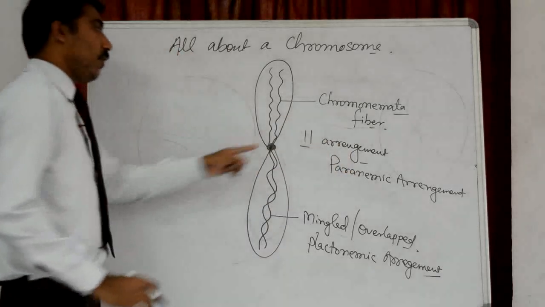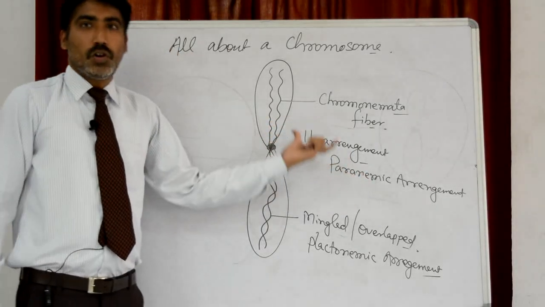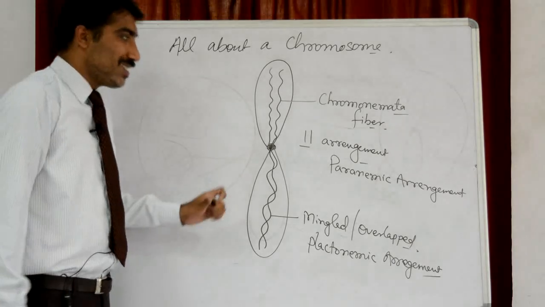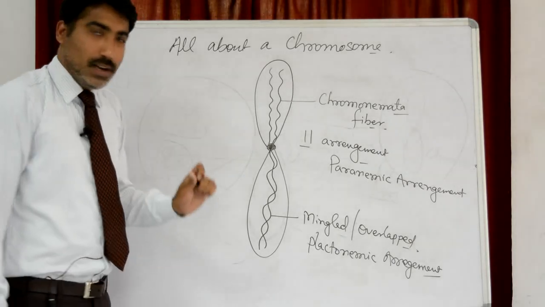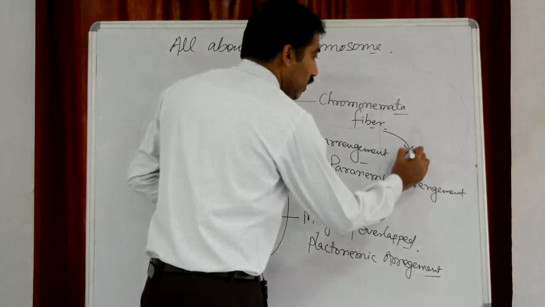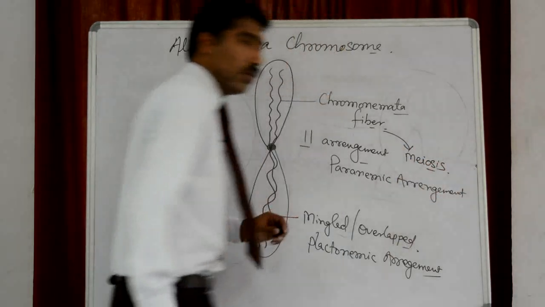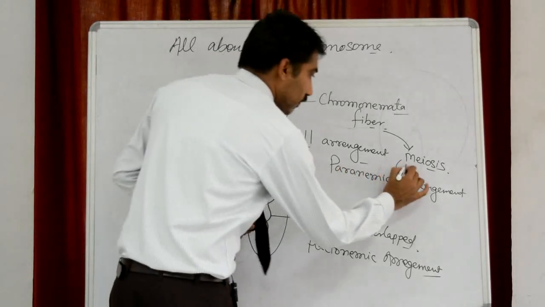Paranemic arrangement means parallel arrangement of the chromonemata fiber. You can see inside a cell which undergoes meiosis, reductional division.